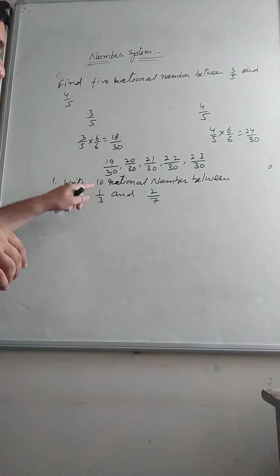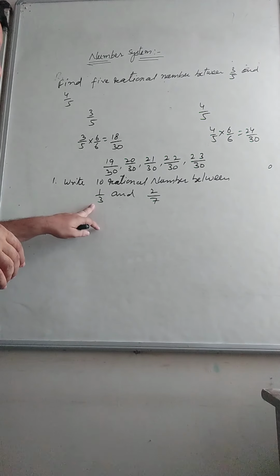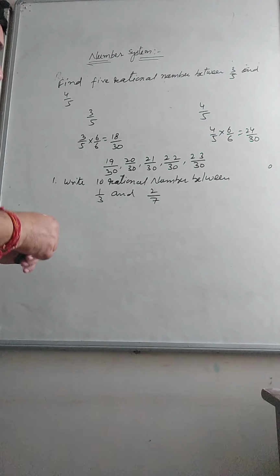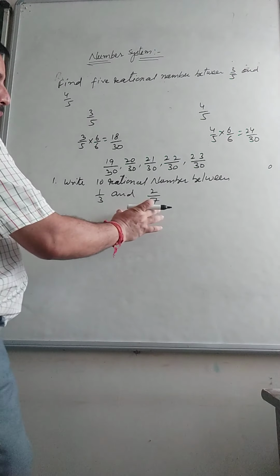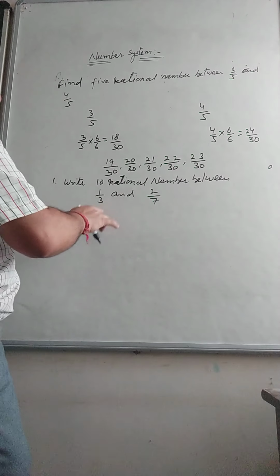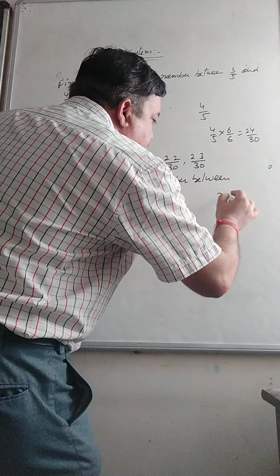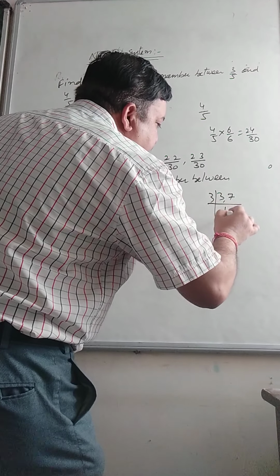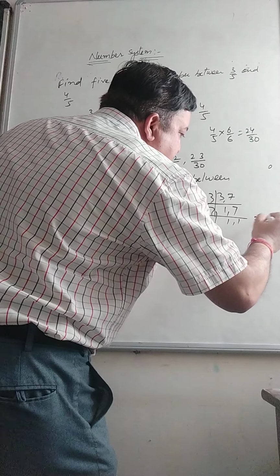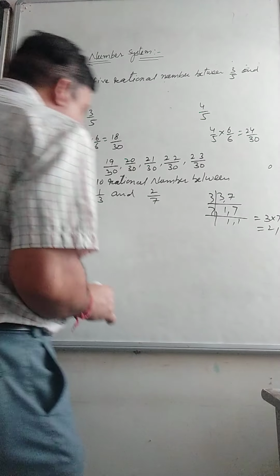We see that the denominator of the first rational number is 3, and the denominator of the second rational number is 7. First of all, we'll make their denominators the same by taking the LCM of 3 and 7, that is 3 into 7 equal to 21.